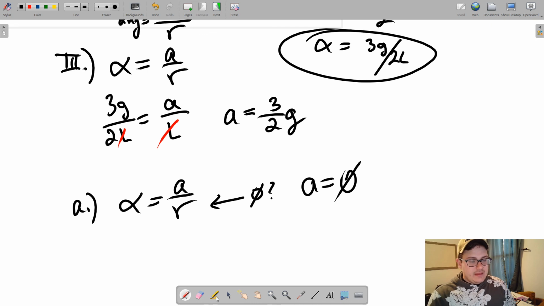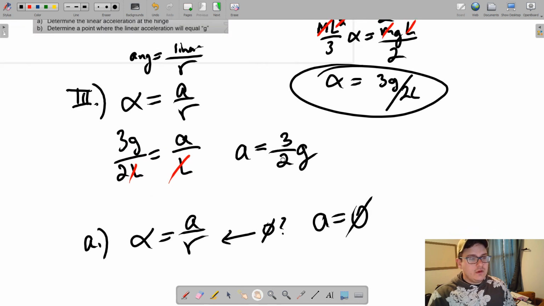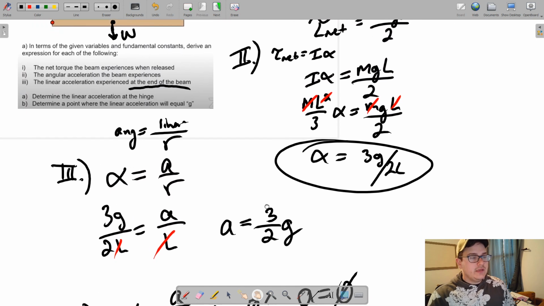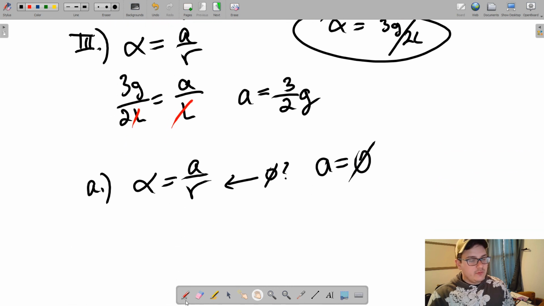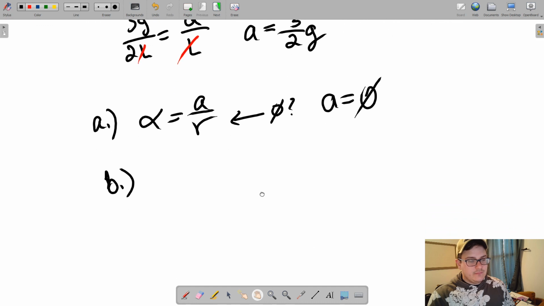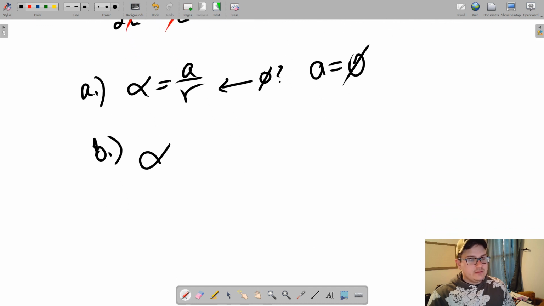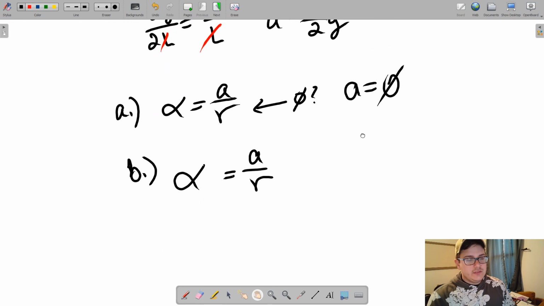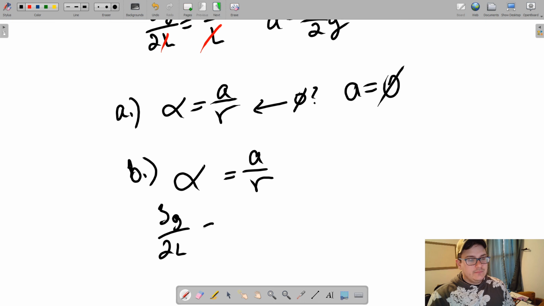All right, and then part B is determine the point where linear acceleration will equal g. I'm going to go right back to what we just did. So what we have is angular acceleration equals linear acceleration over r. Now, angular acceleration we just denoted as 3g over 2l.